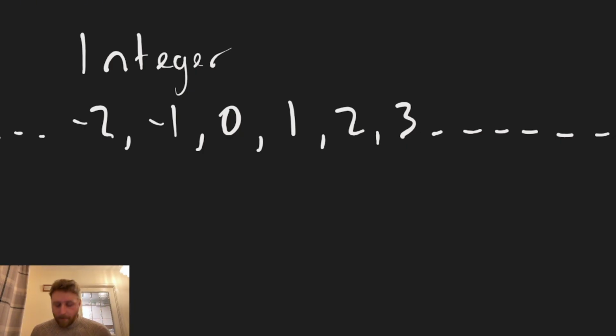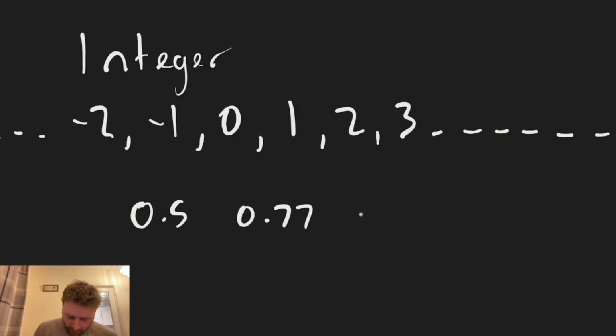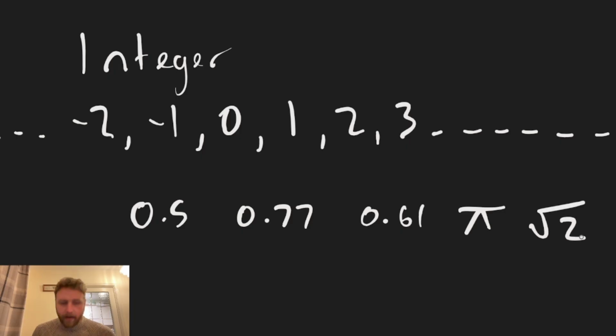The other thing to remember is that any sort of fractional number, any decimal number, is not an integer. So 0.5, not an integer, 0.77, not an integer, 0.61, or any other sort of continuous decimal, so pi for example, or √2 or anything like that, not integers. So that's nice and easy.